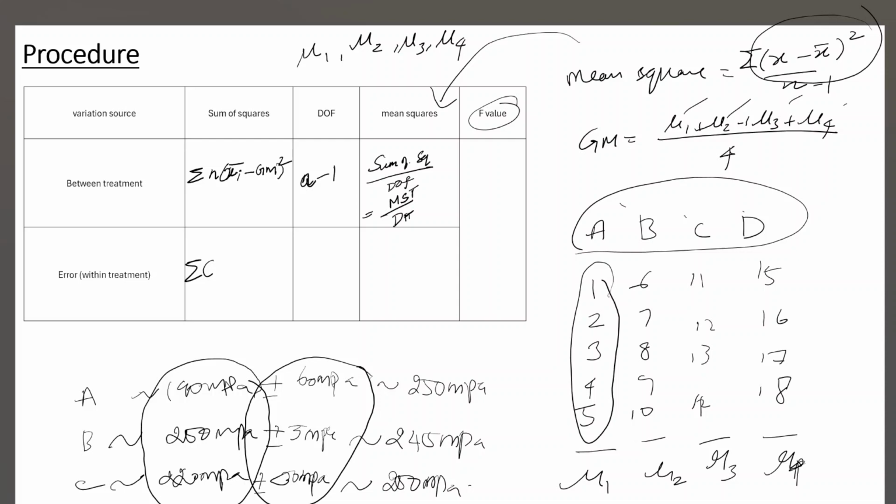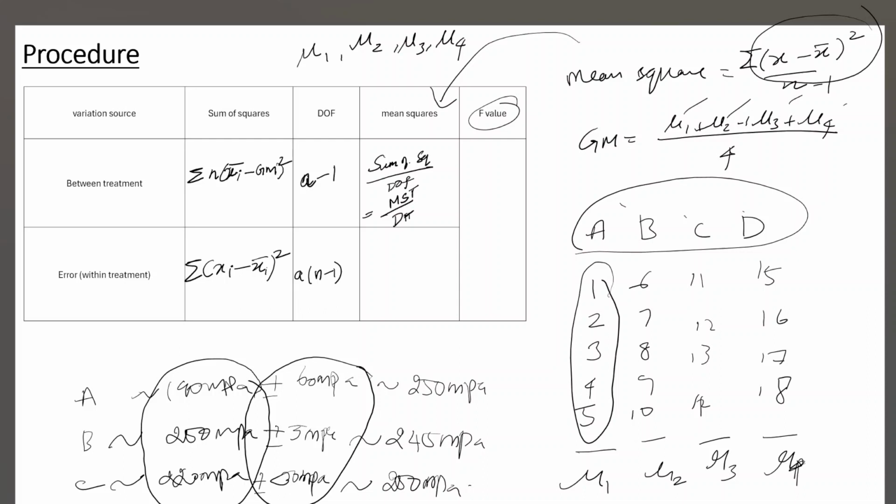To find the mean square of this error, or within the treatment, first we have to find the sum of the squares. How we can find this is simply the (x minus x bar) whole square, just a simple variance. Then you have to find the degree of freedom for the error. The degree of freedom for the error is given by A into (n minus 1).